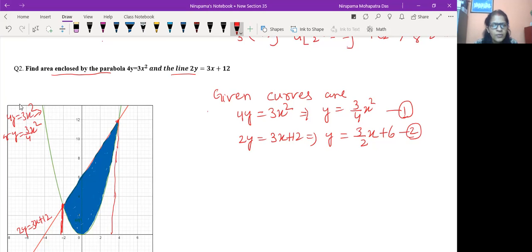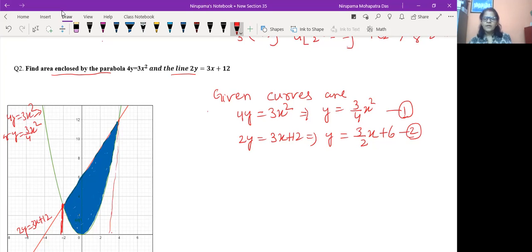The line should be like that. Let me make a straight line, drawing the vertical line from here.